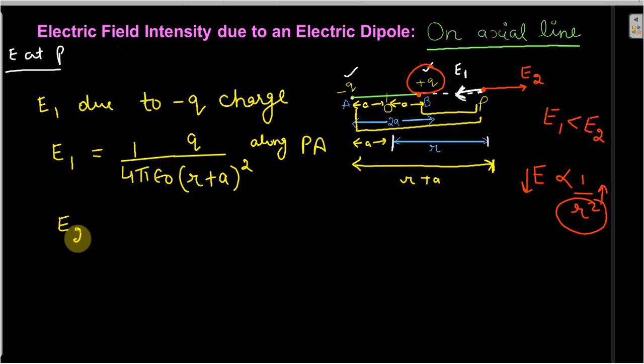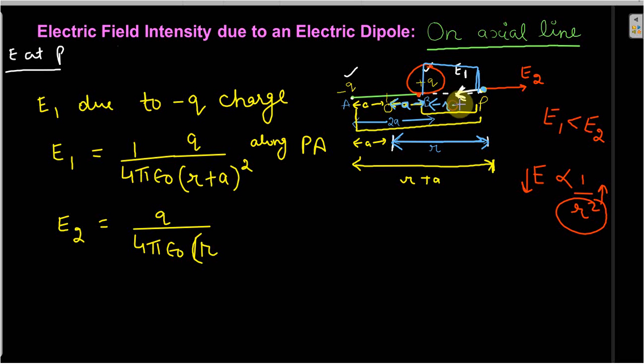Similarly we will write for E2. So what is E2? Q by 4 pi epsilon naught, and now we will see the distance of P point from your Q charge. What is that distance? This total is your R. If you subtract this portion, R minus A, you will get this distance.